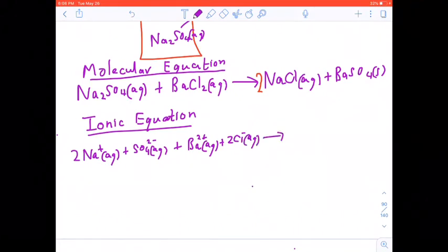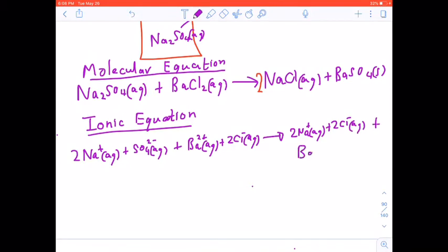And that gives us 2 Na+ aqueous, since we've got 2 of that, plus 2 Cl- aqueous plus BaSO4 solid.